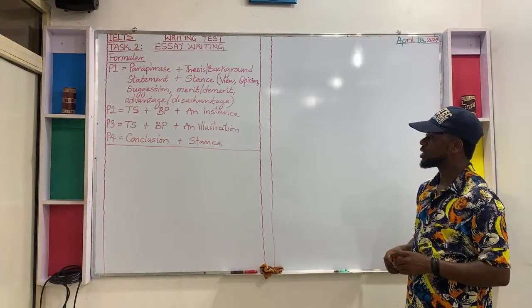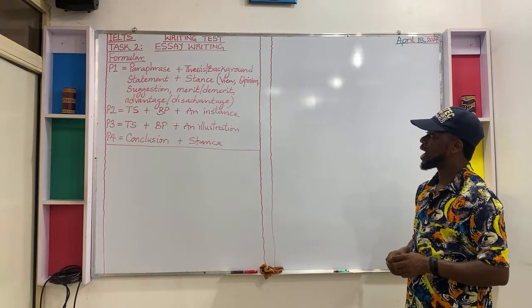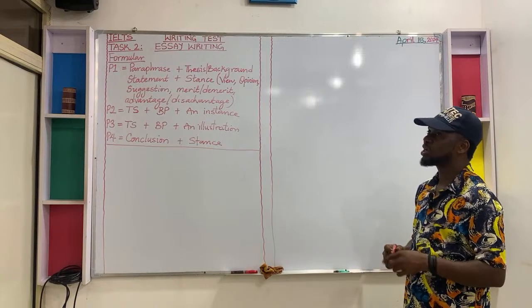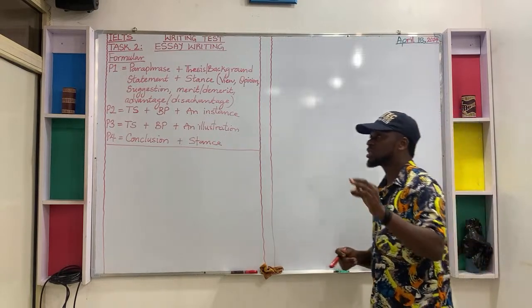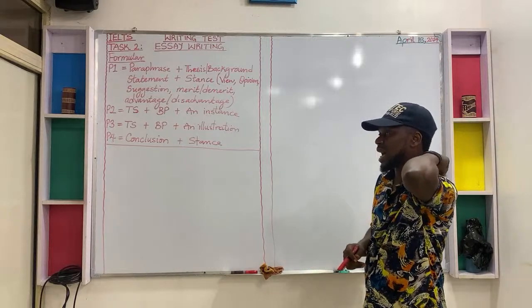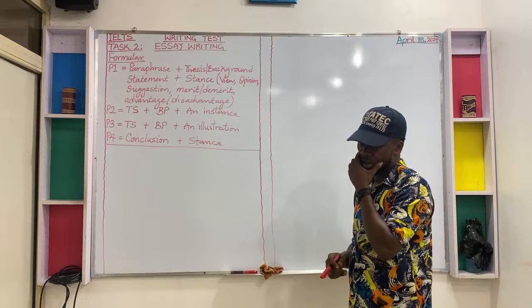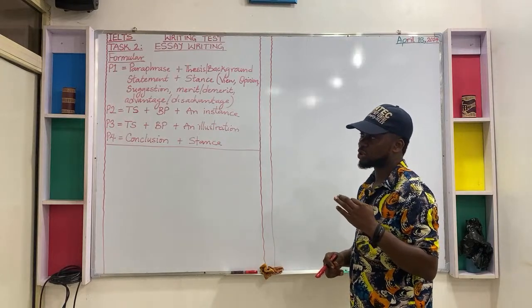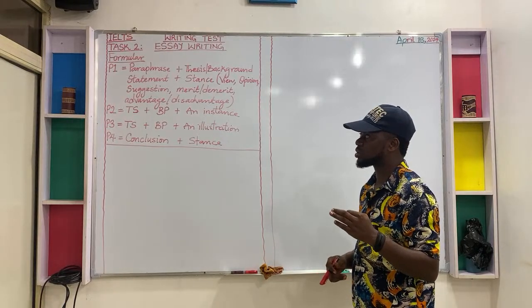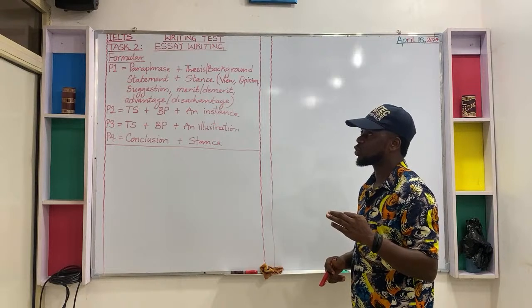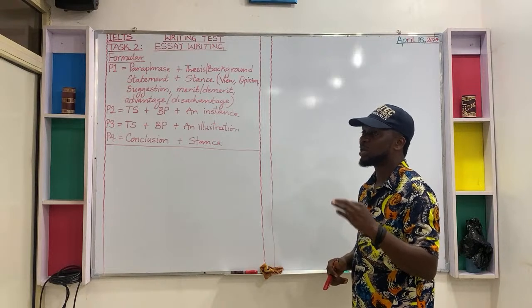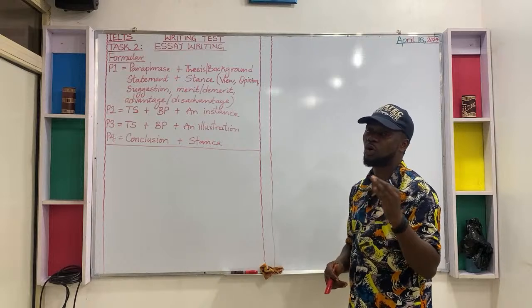Also, during your writing, you are expected to avoid turgid words. These turgid words are those words that are considered to be high-sounding words, you know? So you don't bring in high-sounding words because you may be breaching the rule of communication.